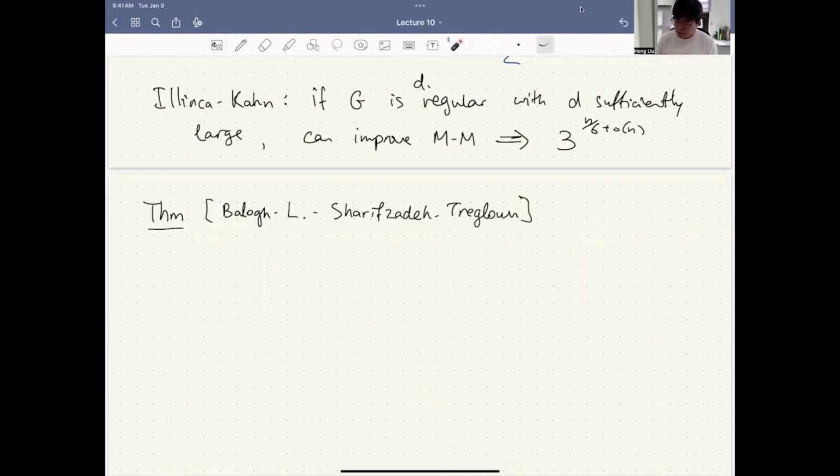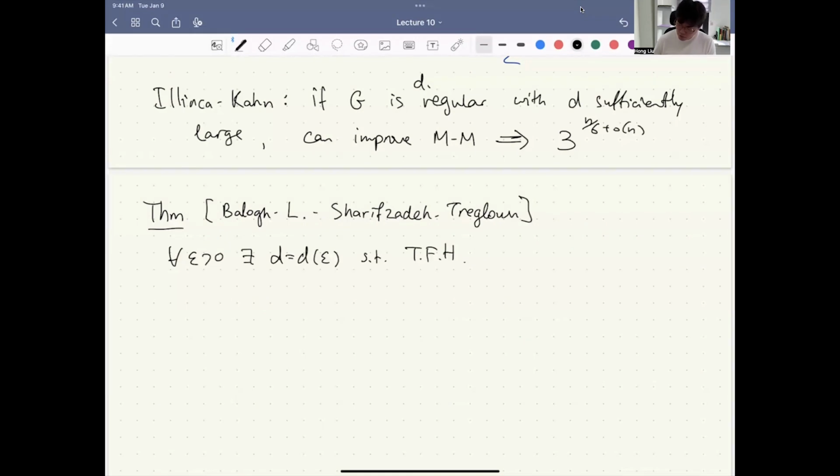We can relax regular to maximum degree and minimum degree being bounded by a factor. So here's the statement. For every epsilon bigger than 0, there exists d, depending only on epsilon, such that the following holds.